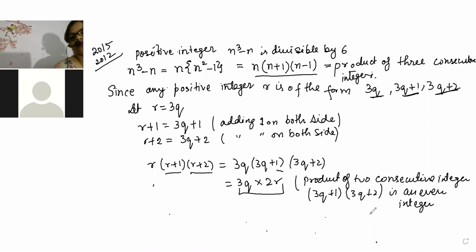Okay, so let us take it as 2r. Like, beta, here one number you have taken as equal to 3q.